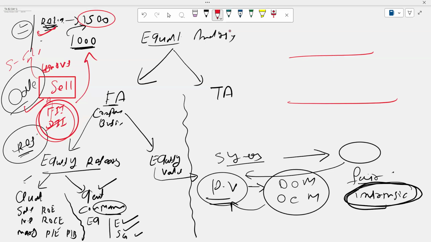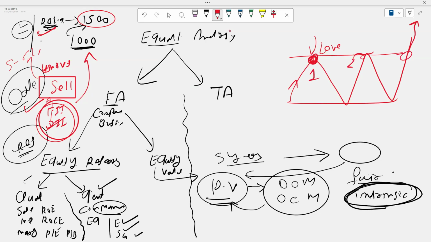There will be some levels in the chart that previously Reliance was not able to break. Two times it was not able to break this level, but the third time it finally broke this level. So as a technical analyst, what we will do, we will not do these things.